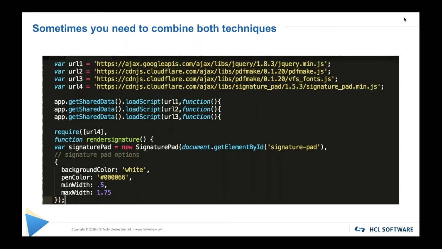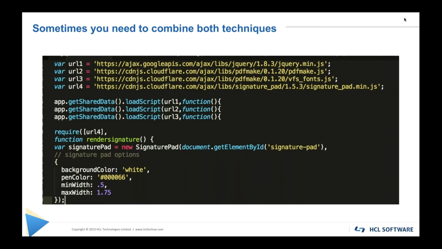So far, everything's been logical. At times when I'm doing JavaScript library integration, sometimes I wonder if it's part art as well as science. I mean, here I've got a scenario where I have to use the require method in addition to the others.